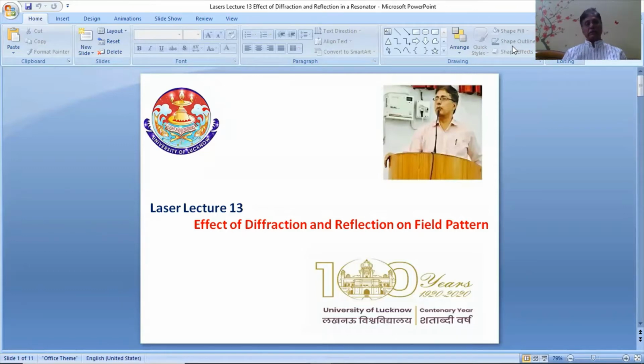So naturally, this diffraction and reflection has a bearing on the beam in the cavity resonator. So before we go to the actual cavity resonator mechanism, let us first understand the effect of diffraction and reflection on the field pattern in an optical resonator. So let me welcome you to this lecture, and then let us start.